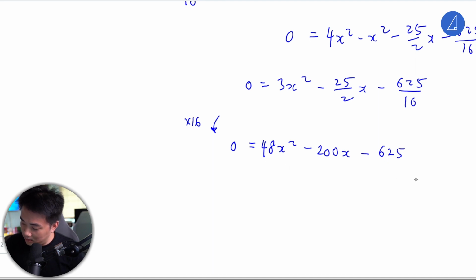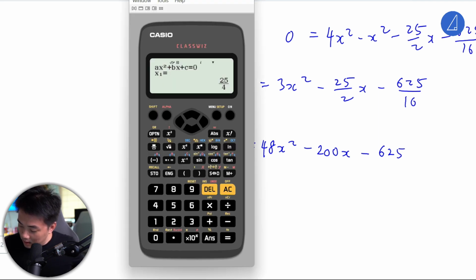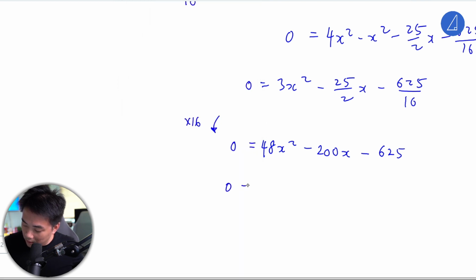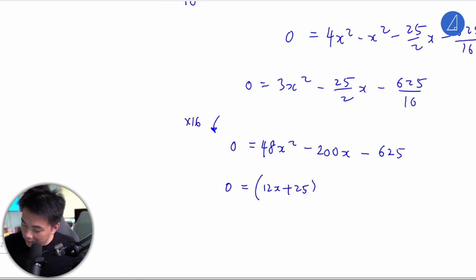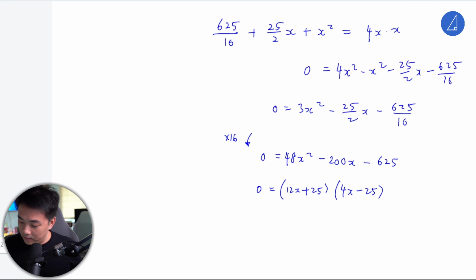So we divide by, this is 48, right? So let me check. That will be 0 equals 12x plus 25 times 4x minus 25. Yeah, that's it. We could get it.